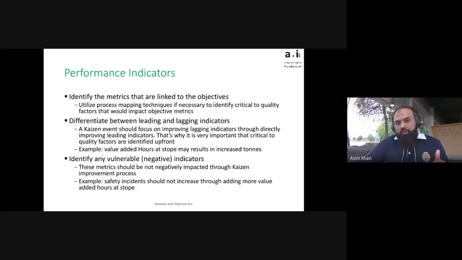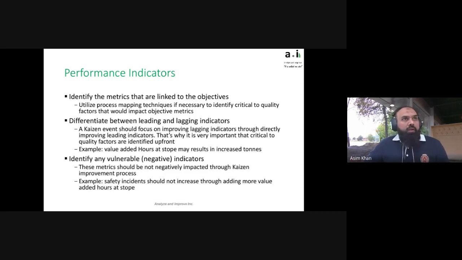Obviously, it would be great if you had direct impact on those, but the way usually things work in an operation or an asset, there are a lot of different variables connected to what you're trying to improve upon, and you may not be able to take everything in one Kaizen scope. So you pick out of your data analysis, which we'll get to in a second, the most critical variables that will impact your problem, and that becomes the scope of this event.